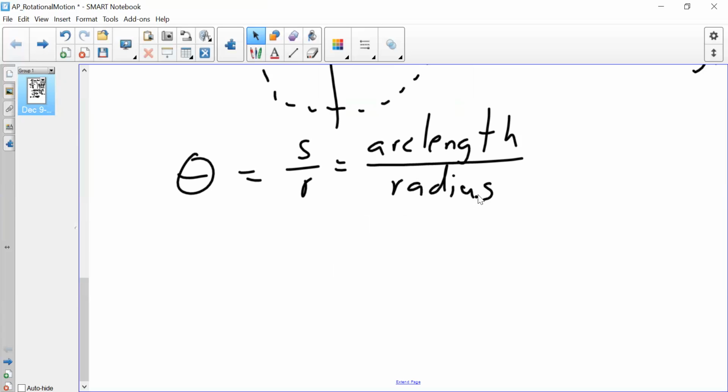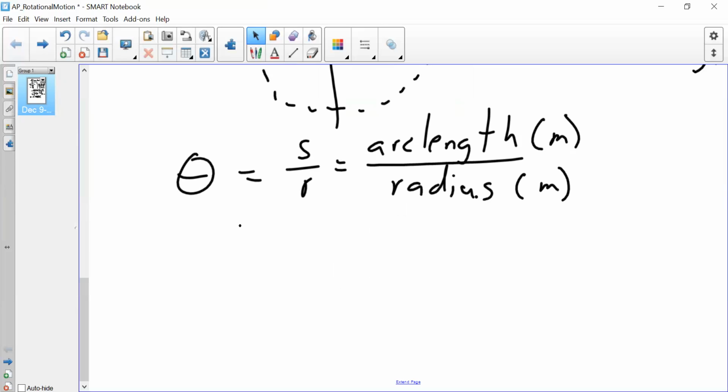It's a unitless quantity. S is measured in meters, radius measured in meters. So this ratio is unitless, and we call that the radian, which is the ratio of arc length over radius.